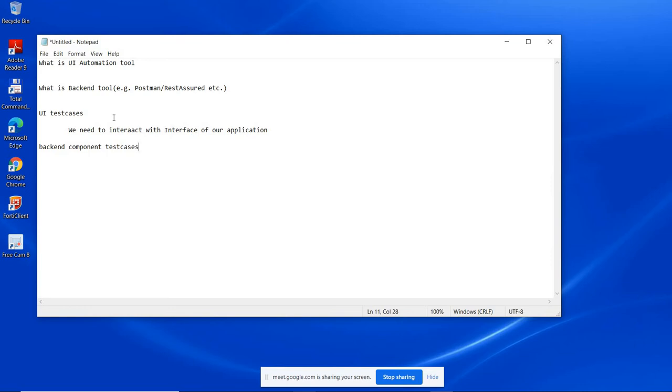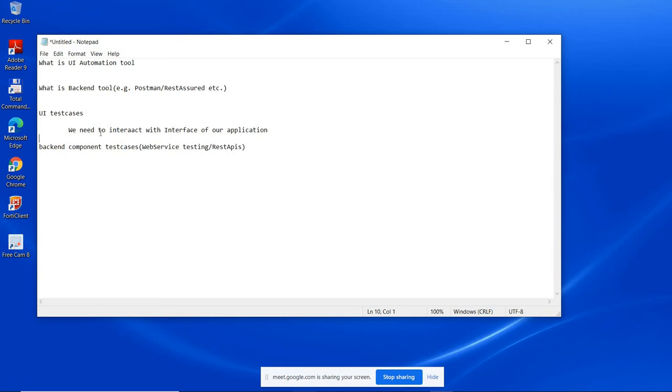Those components would be web services, or REST API services, which we will call REST APIs, right? So the test cases which we execute by interacting with the interface of our application are called UI test cases.